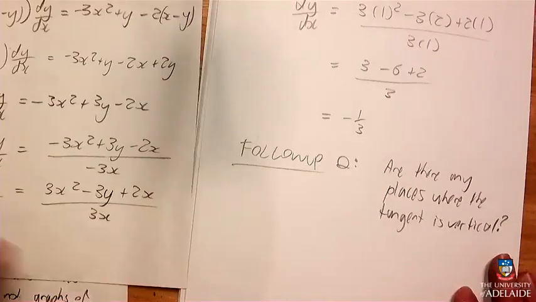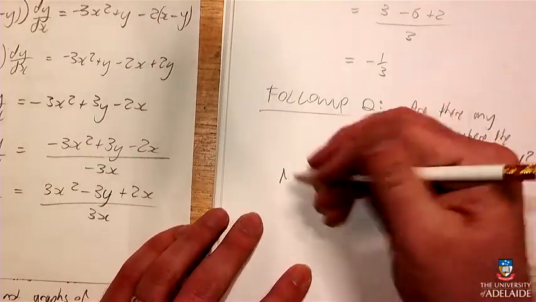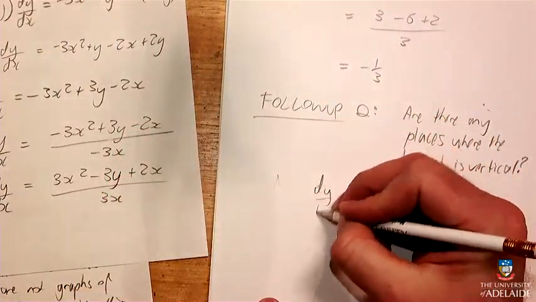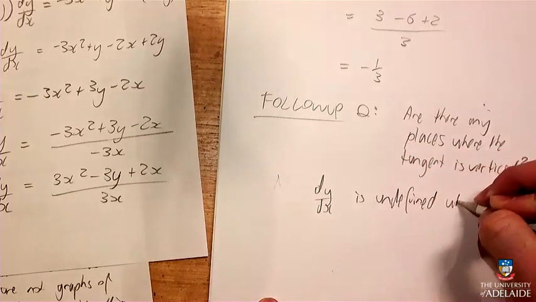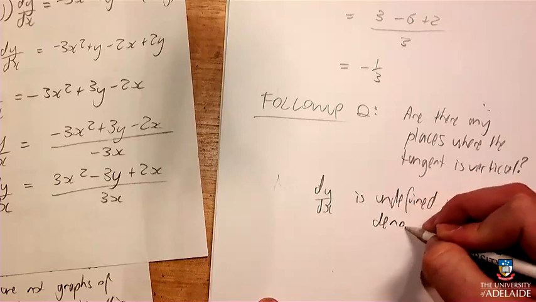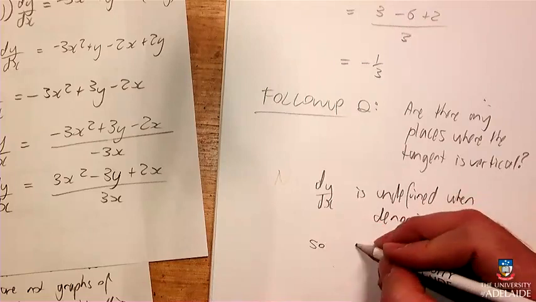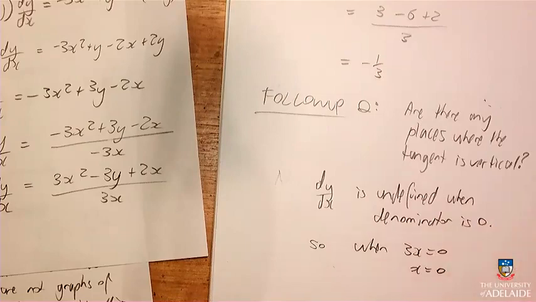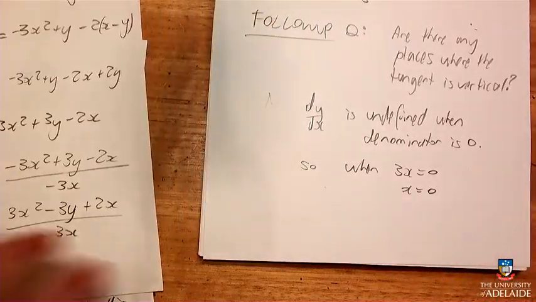And so I know that dy on dx is undefined when the denominator is 0, so when 3x is 0, which means x is 0. And if x is 0, we can figure out what y is by subbing it back into the original formula.